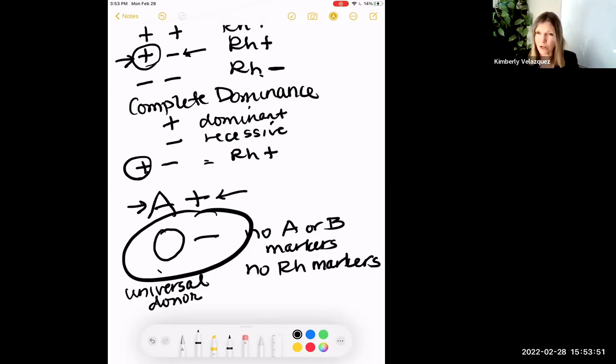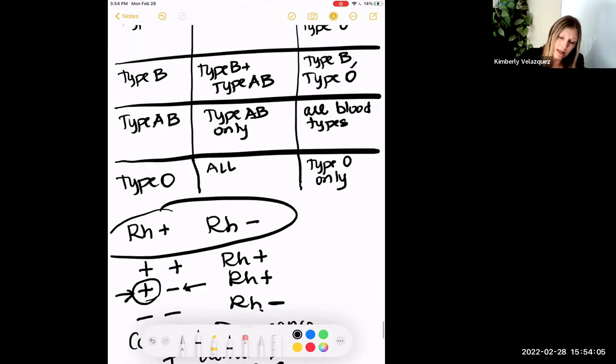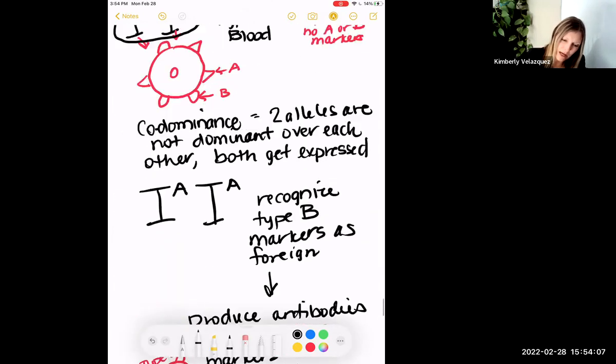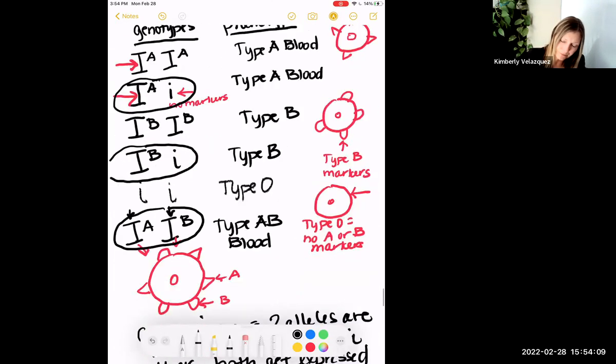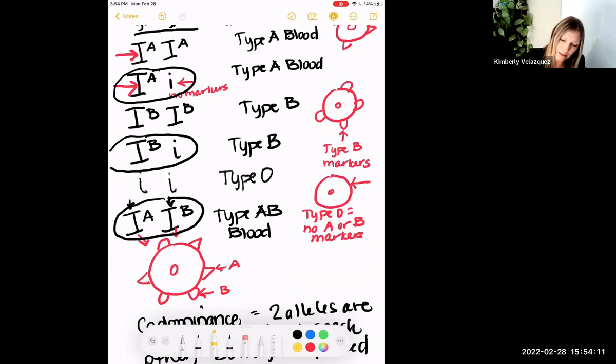Type O is the most common human blood type. So at some point in human evolution, there must have been a survival advantage to not having an A or a B marker on your red blood cells. That's interesting because if we go back here, remember that this is homozygous recessive.